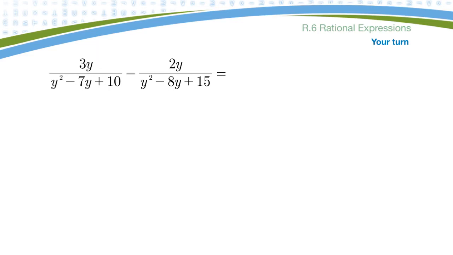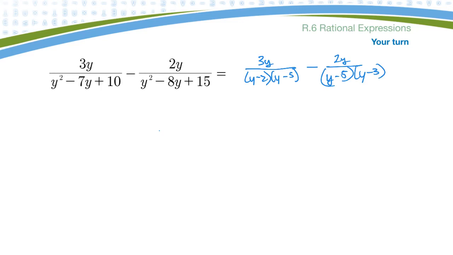All right, you try one. Press pause, then press play, see how you do. Okay, first thing hopefully you're doing is factoring. So you have 3y over y minus 2, y minus 5, minus 2y over y minus 5, y minus 3.